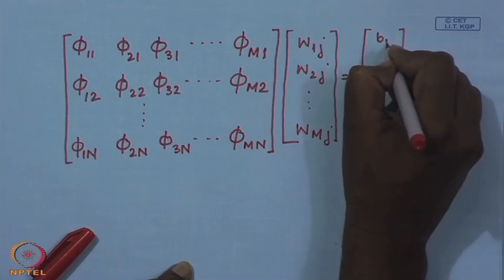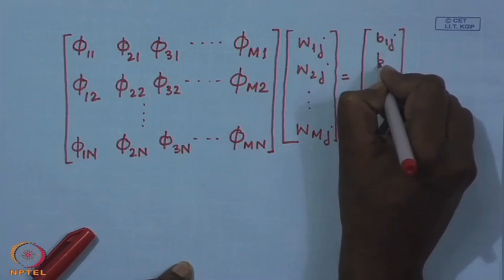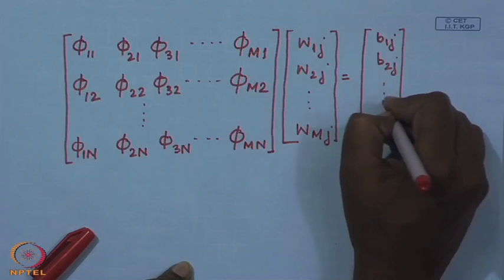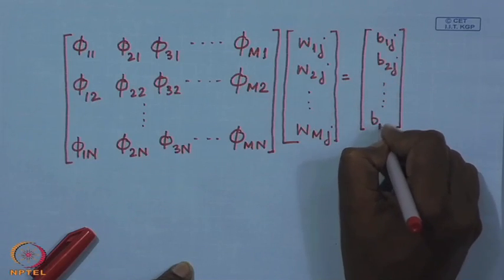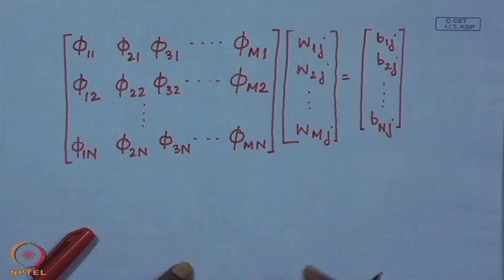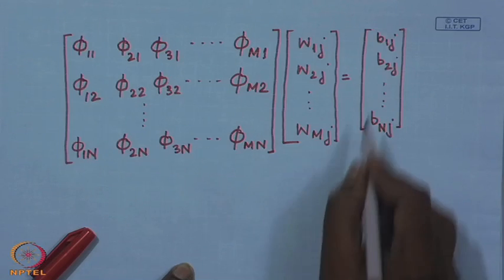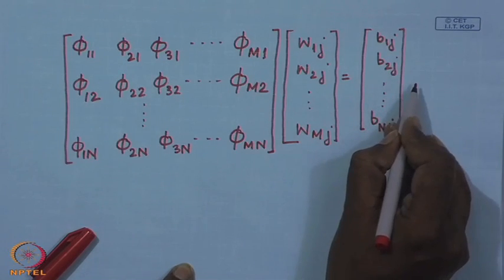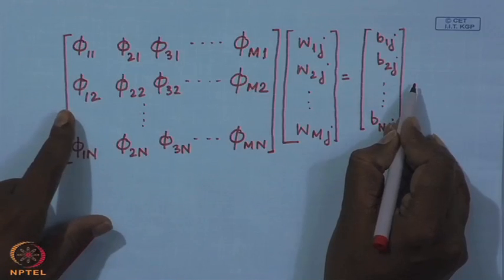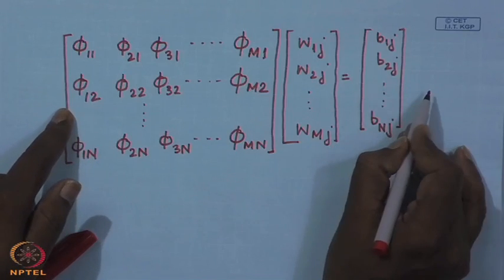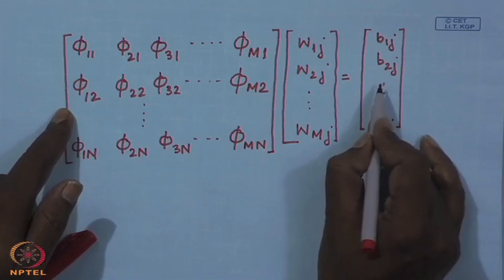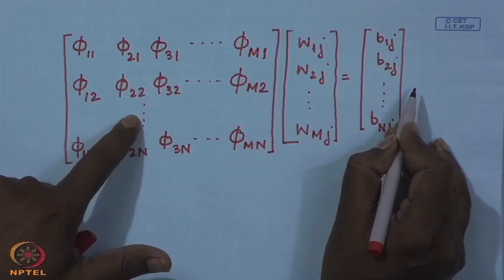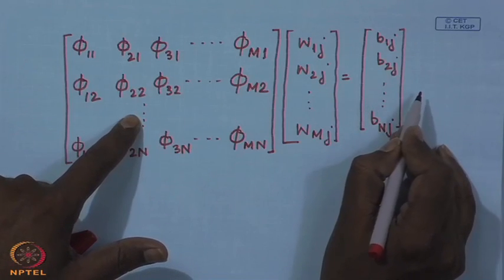b 1 j, b 2 j up to b n j, where every b i j will be equal to 1 if the corresponding x i belongs to class omega j, and that will be equal to 0 if the corresponding x i does not belong to class omega j.